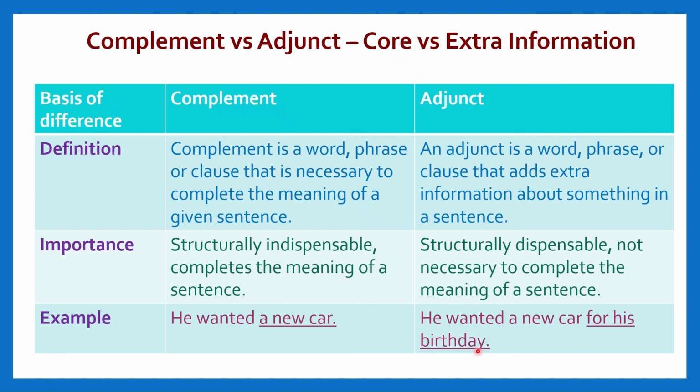The phrase for his birthday is the adjunct. If I remove it, the core message, that is he wanted a new car, remains perfectly complete and grammatical. So remember this key difference. A complement is structurally necessary, an adjunct is optional. It's just an add-on. That's why we say that complement gives the core meaning and adjunct gives extra meaning or extra information.